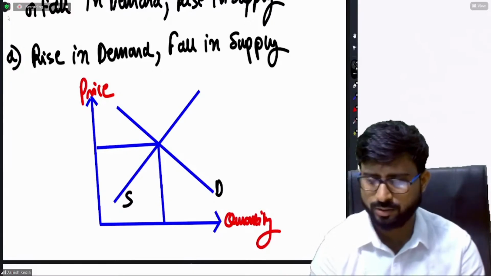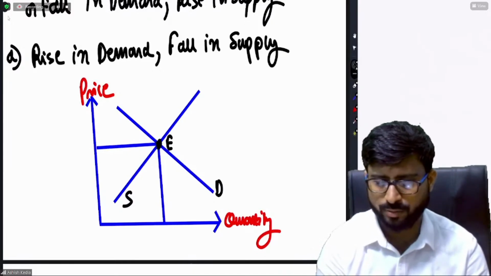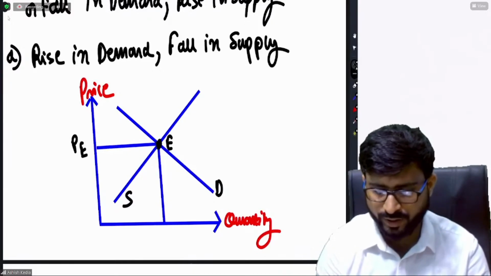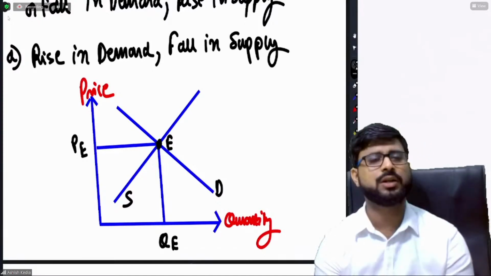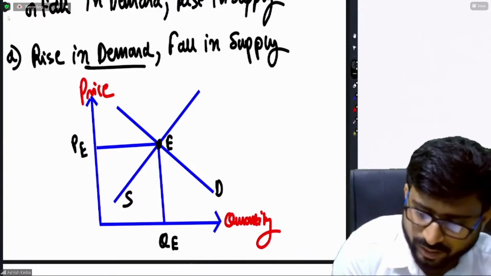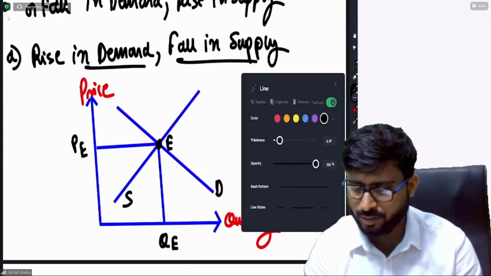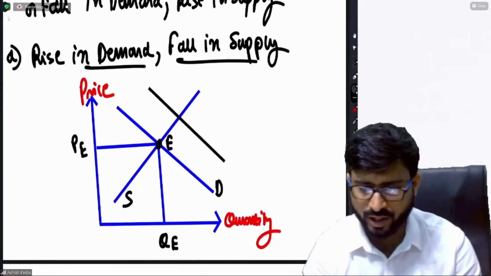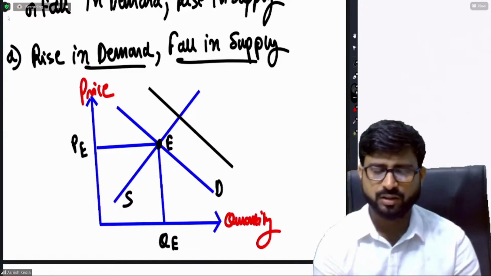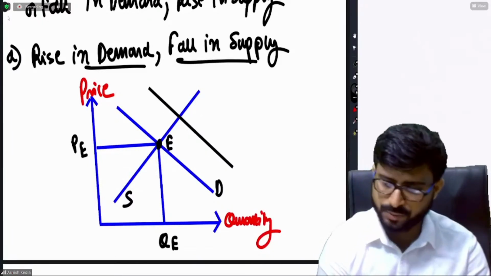Original condition. Equilibrium point, equilibrium price, equilibrium quantity. Now, there is a rise in demand and a fall in supply. So the demand curve will what? Shift rightwards. Supply curve will what? Shift leftwards.